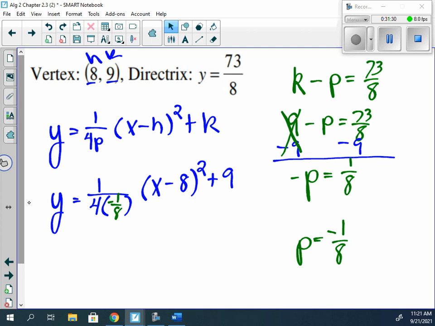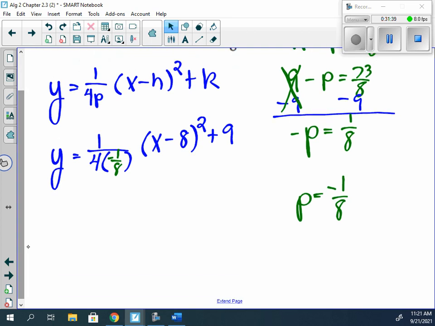Any questions on this so far before we simplify things? Okay. So we do need to simplify our 1 over 4 times negative 1/8.